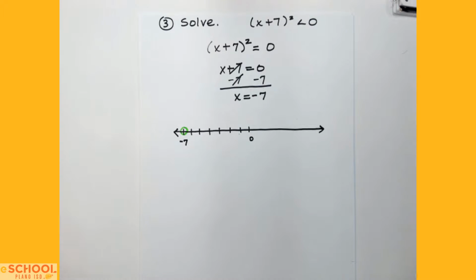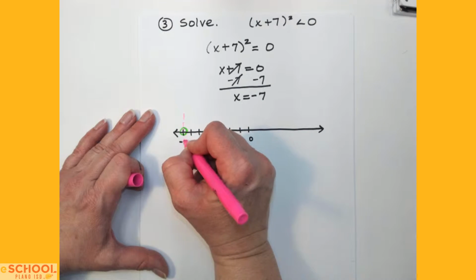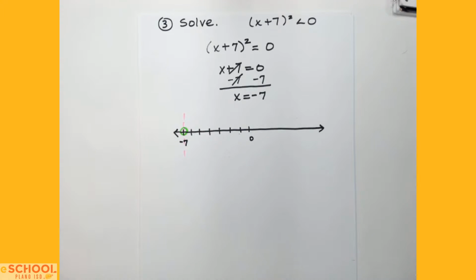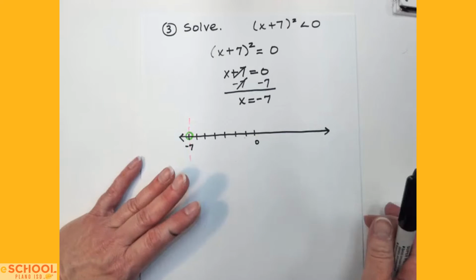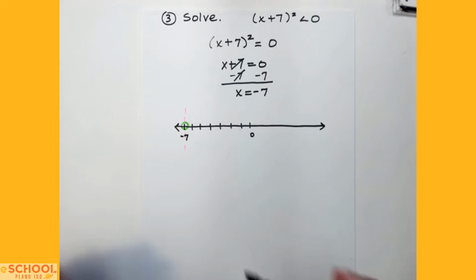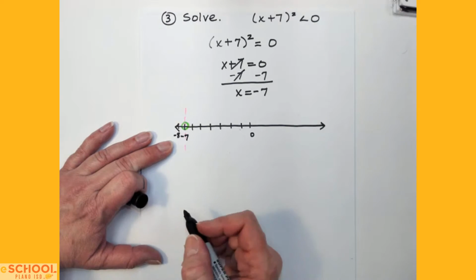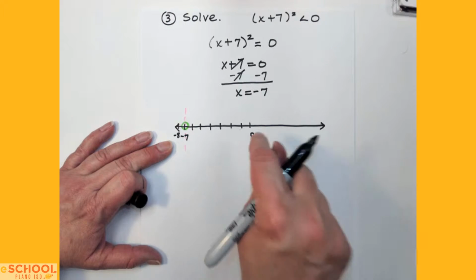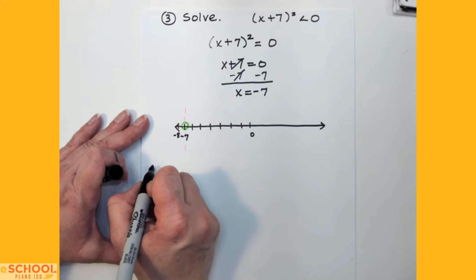So this actually divides the number line into only two intervals. The one to the left of negative 7 and the one to the right of negative 7. So I'm going to put negative 8 in here. We're going to test the point negative 8, and then you know how I like to test 0 as my other point.